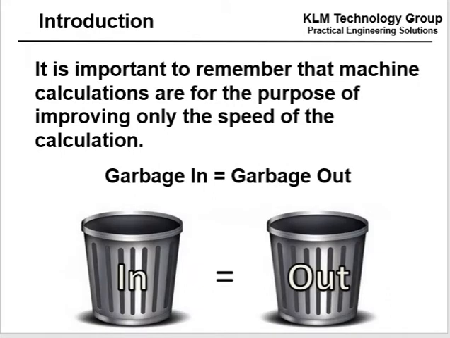It's important to remember that machine calculations are for the purpose of improving only the speed of the calculation. It is up to the user to input the correct data in so you can get the correct data out.